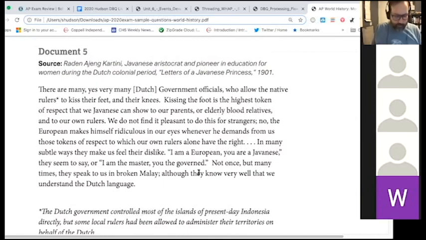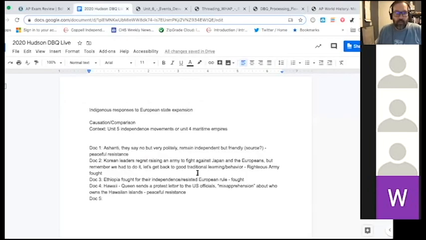Okay. Well, so this one's definitely different. Well, obviously, if I'm going to have to put in the two categories that we have so far, it's definitely going into peaceful resistance.